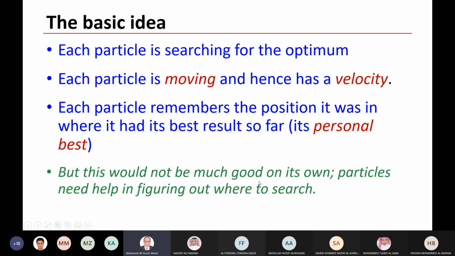So the basic idea is each particle is searching for the optimum. Each particle is moving and hence has a velocity. And each particle remembers the position where it had its best result so far. This we call the personal best. As the particle or solution moves, this is position 1, this is position 2, this is position 3, and this is position 4, and so on.